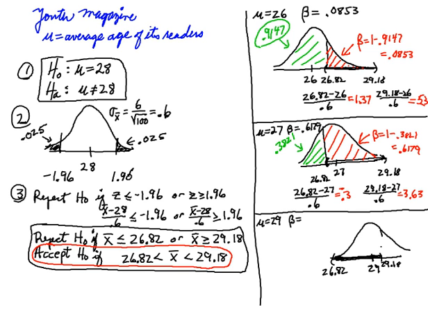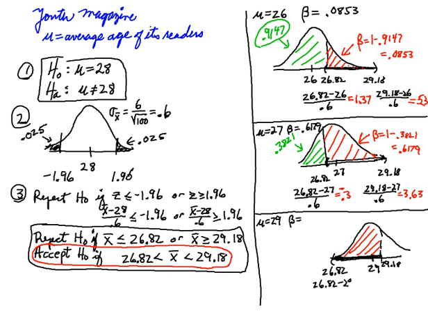Now that's interesting on this one. I'm on the other side of the 28, but again, with samples of size 100, my acceptance interval is still the same. I'm going to go ahead and calculate the z value for the 26.82.